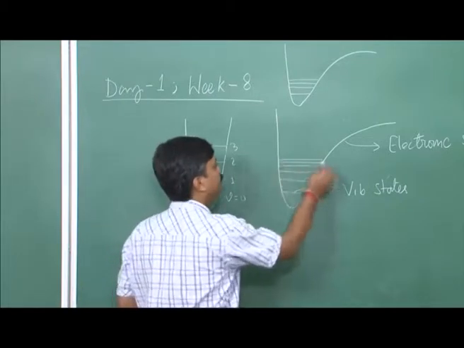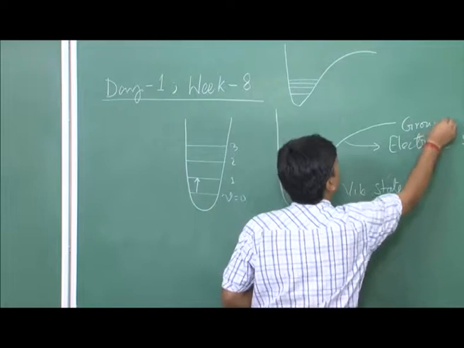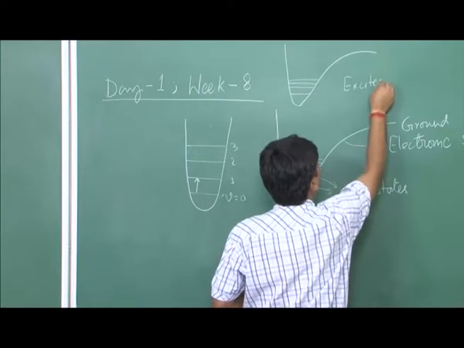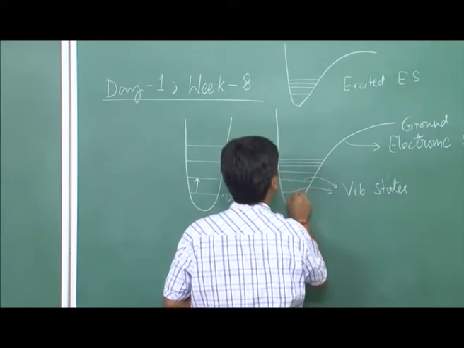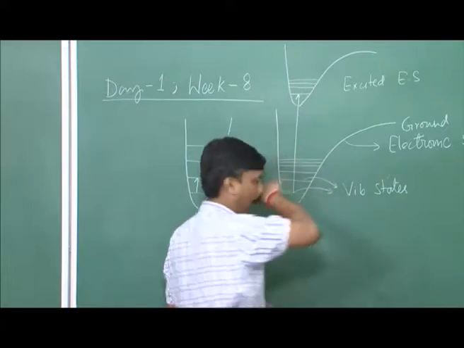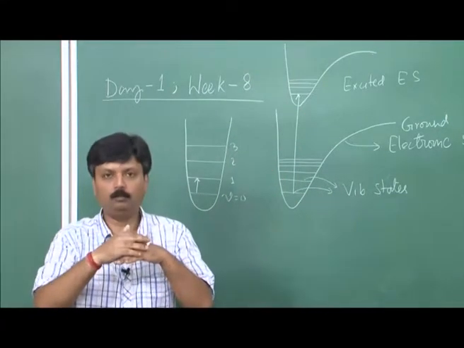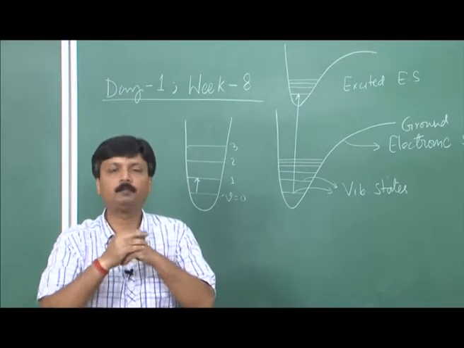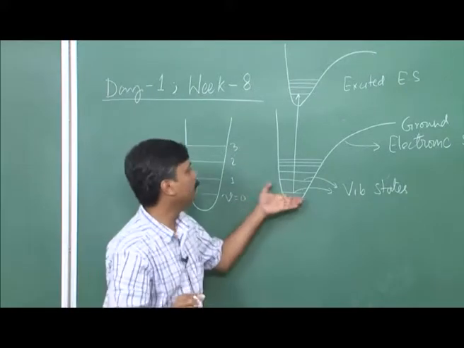So, suppose this is my ground electronic state and this is my excited electronic state. A transition from here to here will definitely involve transitions between different rotational and vibrational states within the electronic states.